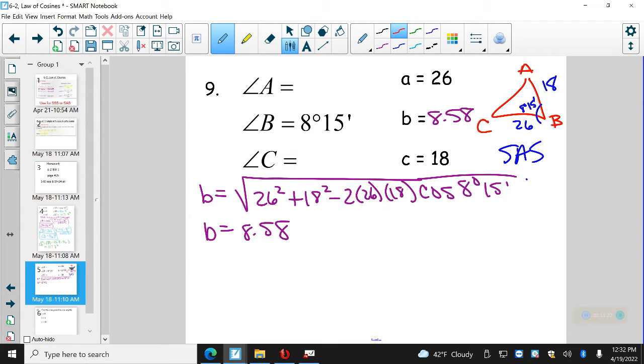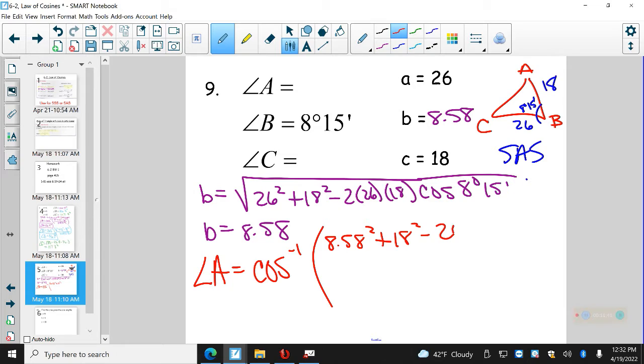I have to find angle A. Angle A is found by taking the cosine inverse of B squared, which is 8.58 squared, plus C squared minus A squared, all over 2 times B times C. And that's the formula.